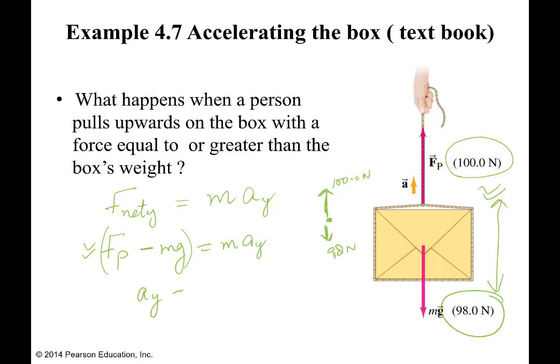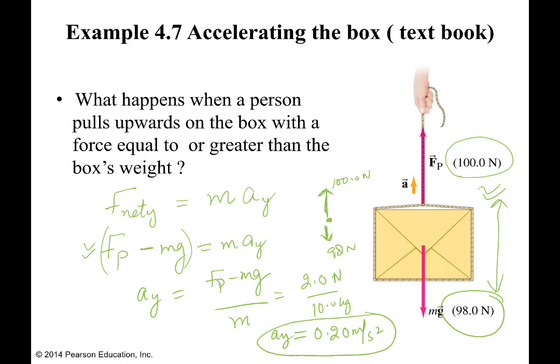So fp minus mg over m, you substitute 100 for this. 100 minus 98 is 2.0, divided by 10.0 kg. When you work on this, you'll get a tiny acceleration for this block, which is 0.20 meters per second squared. So it can accelerate only when the pull exceeds the weight.